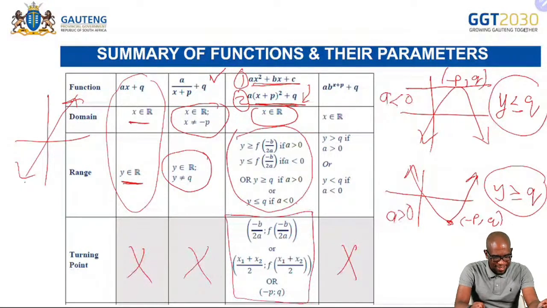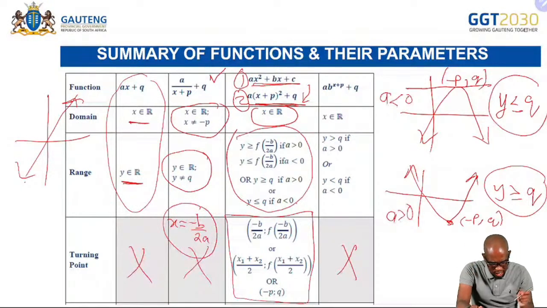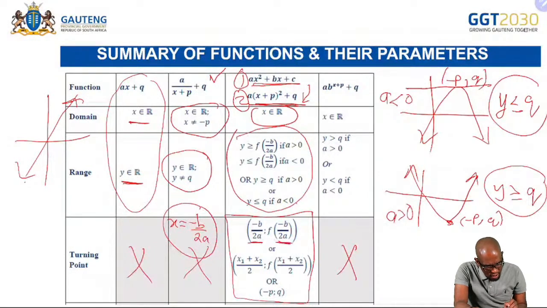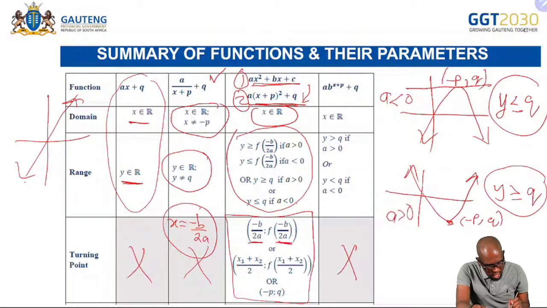There are approximately 4 ways of finding that turning point. The first one is to use x equals minus b over 2a to find the x value of the turning point, which is called the axis of symmetry, and then you substitute that value in the original equation. That is why for x they use minus b over 2a, and for y they use f of minus b over 2a, because where we see x we put minus b over 2a.